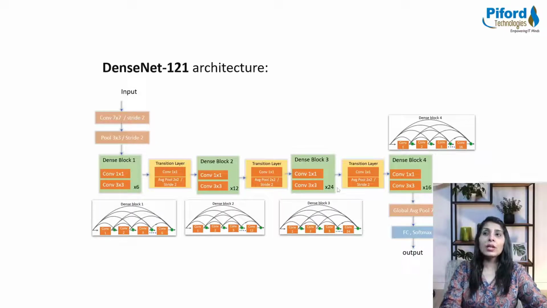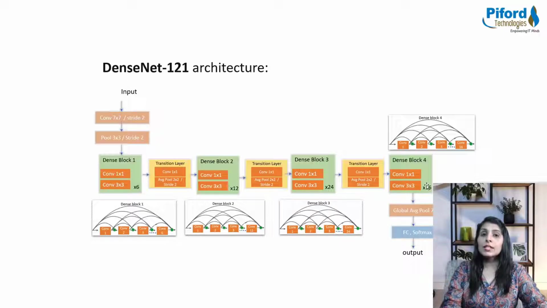Again dense block 3, here we are having 24 convolutional layers. That means the concatenated feature maps of 24 convolutional layers will be the input to the transition layer. Transition layer will downsample them, and again we have dense block 4. In dense block 4 we have 16 convolutional layers.